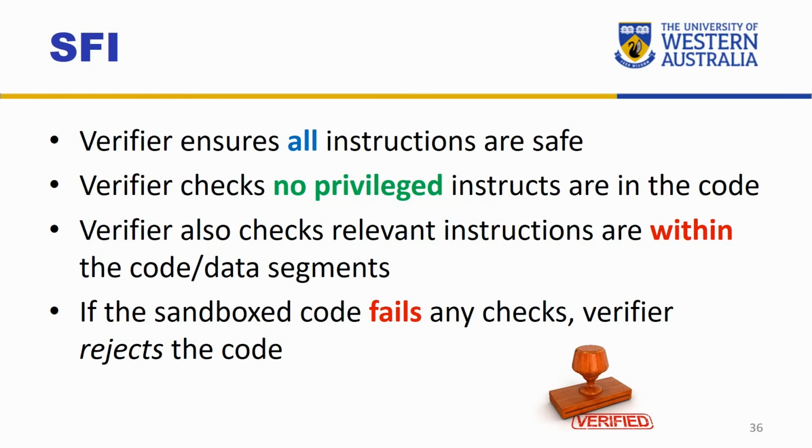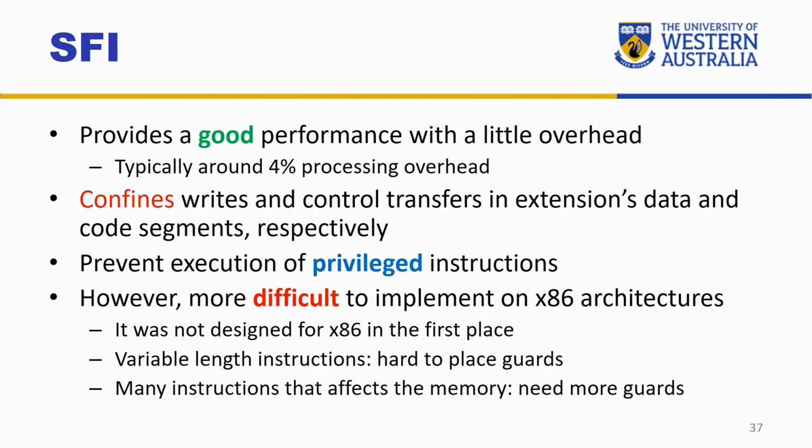And this has been working fairly good, but there are some limitations to it. So here you can see that the overhead is roughly about 4% in processing time, which is quite practical in a sense. But this is quite difficult to implement in the x86 architectures. It is designed for the x64 architecture in the first place. And also you have to actually write this for different architecture designs as well.